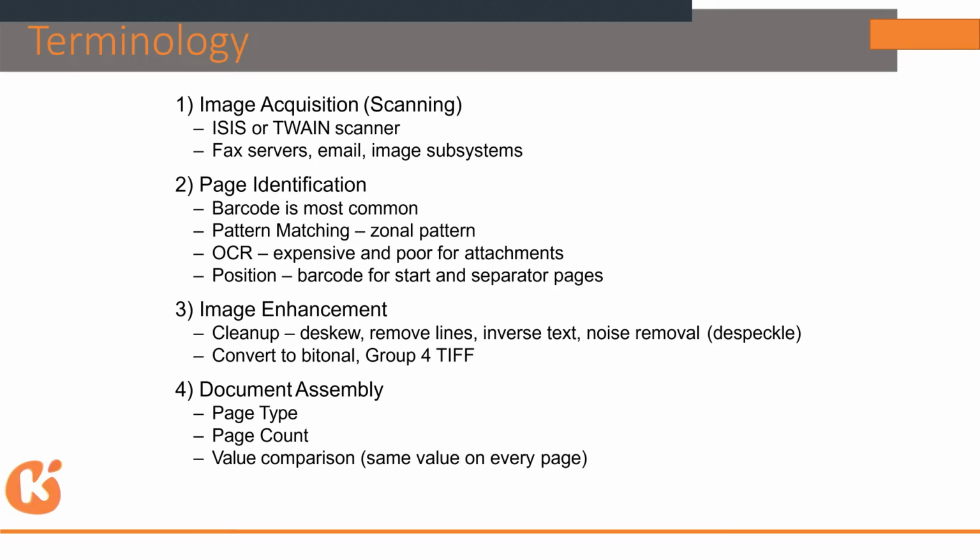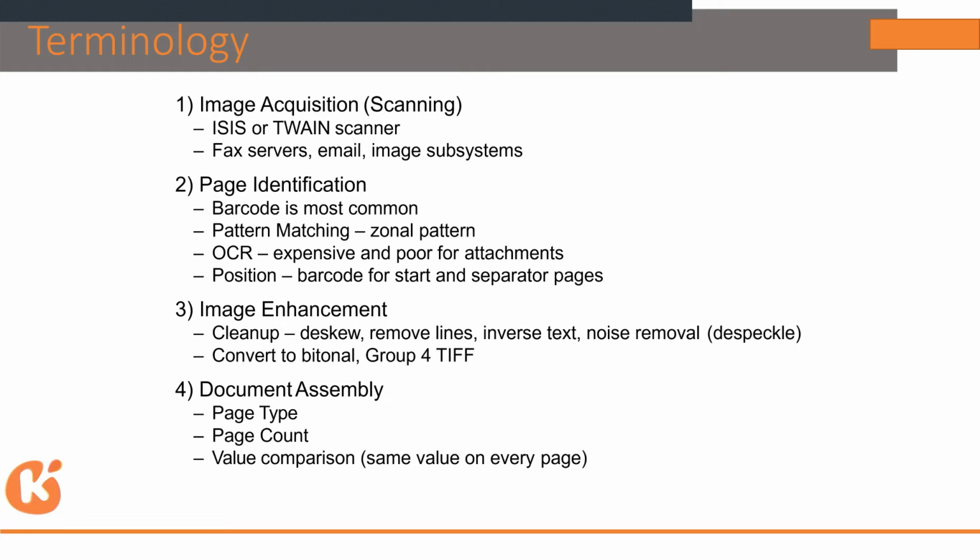Then I'm going to image enhancement. Now two steps are completed: the scanning was done and the identification was completed by DataCap. Image enhancement is, for example, when we have scanned a document in DataCap and the document has some kind of noise like dots and lines.